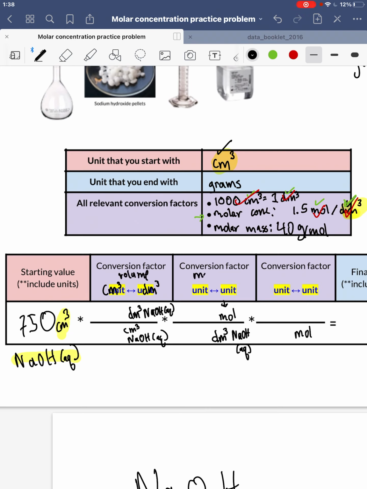I've used my molar concentrations from dm cubed to moles, and now it's time for my molar mass. Now that I'm in moles, my last step is to get into grams. And so, before I've even added any numbers, I see that my units will cancel. Cubic centimeters, great. Decimeter cubed, great. Moles with moles, great. So now my only unit remaining is grams. That's good because I want it to end in grams.